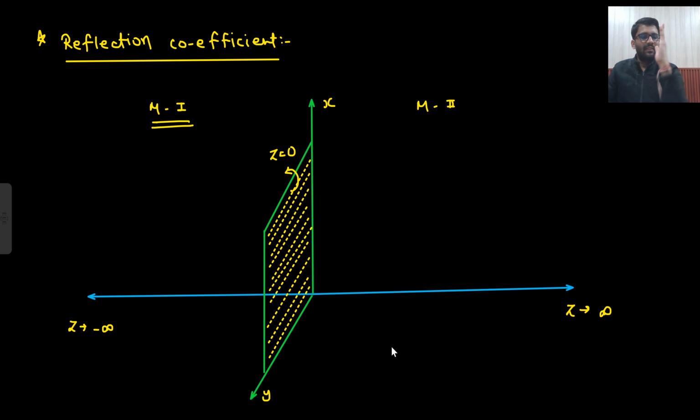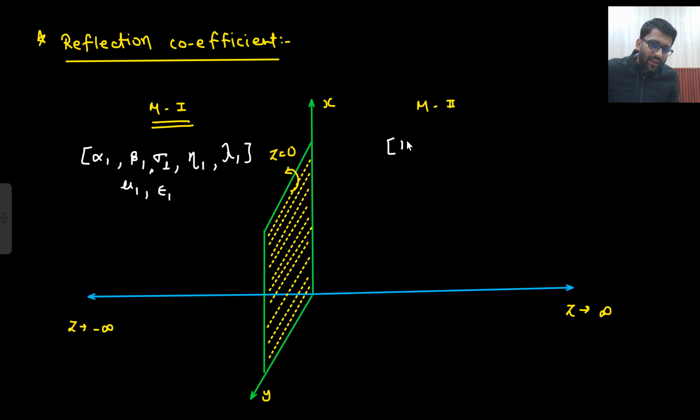So the thing is, there is a boundary in between. This side you have medium 1, this side you have medium 2. This medium 1 will have its own alpha, beta, sigma, eta, lambda, and certainly mu and epsilon as well.